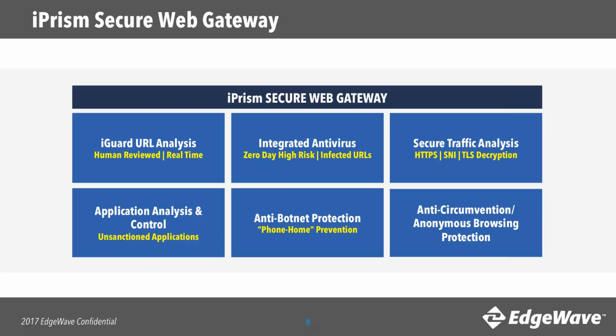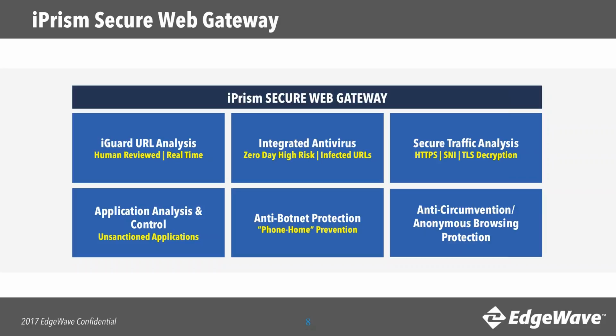That can be very risky because some of those anonymizer sites are very popular vectors for malware and spyware. So when people use them to circumvent the system, it adds additional threat, as well as giving them a means to bypass your filtering. And when they do that, they're also bypassing your reporting of their activity.